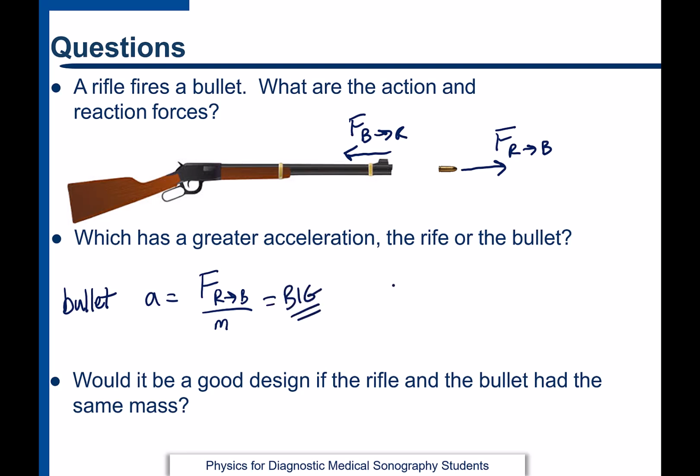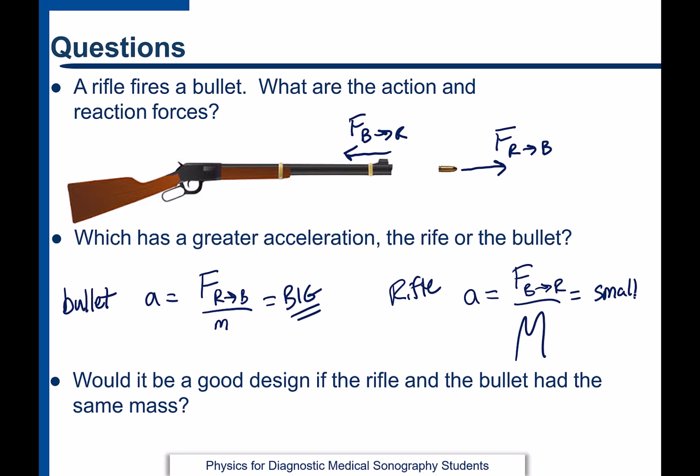But for the rifle, the mass of the rifle is big. So the acceleration of the rifle, even though the force on it is the same, since the mass of the rifle is big, the acceleration is going to be small. Now, it's not zero.